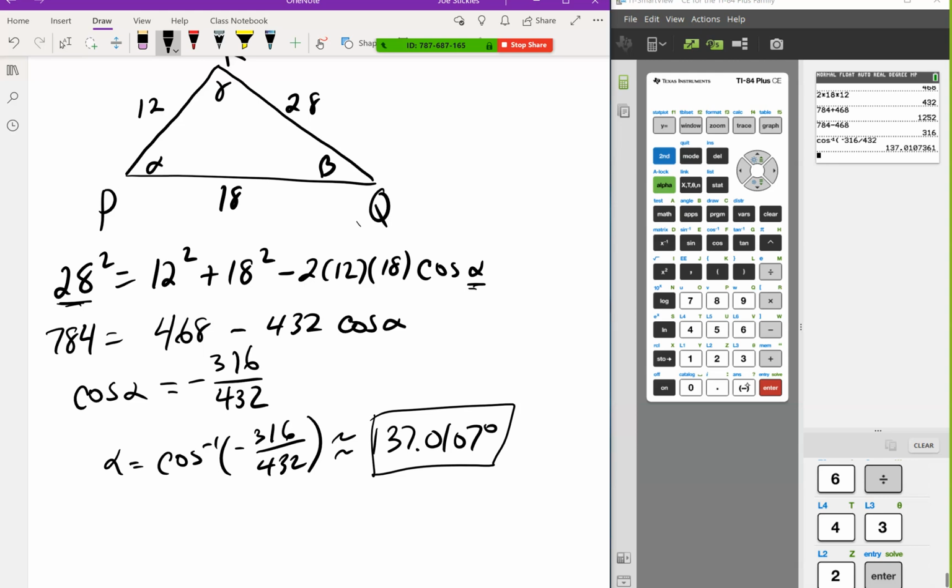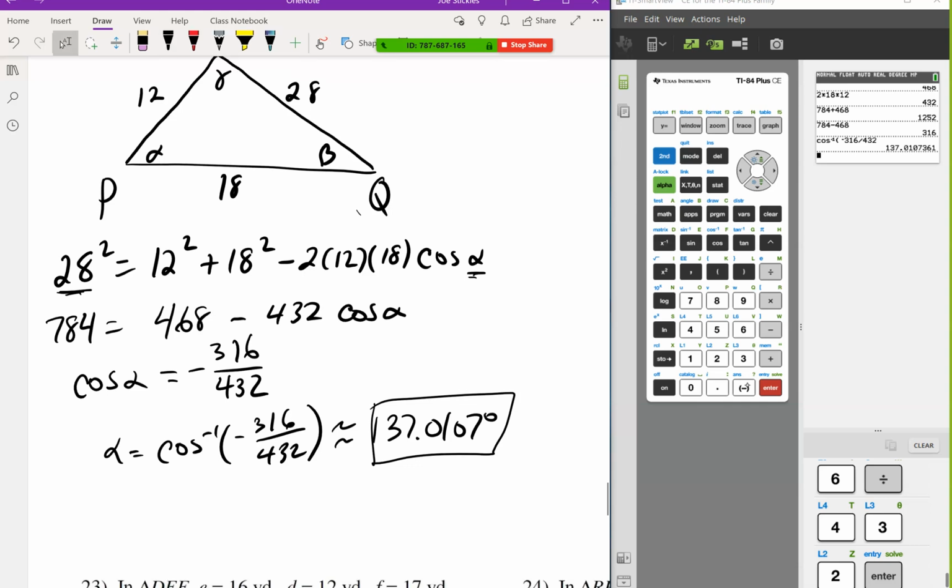It's the next biggest angle. So the side across from gamma is 18. We would have 18 squared equals 12 squared plus 28 squared minus 2 times 12 times 28 times cosine of gamma.